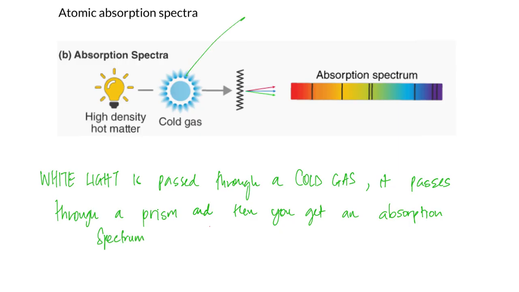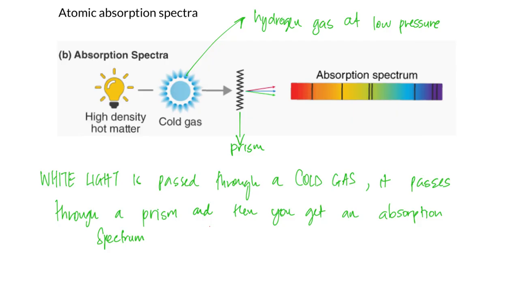Now this cold gas over here can be, for example, a hydrogen gas at low pressure. Alright, this little bit over here is a prism, a glass plastic prism here.